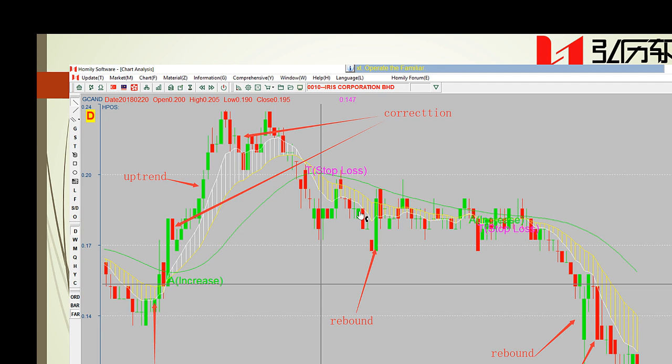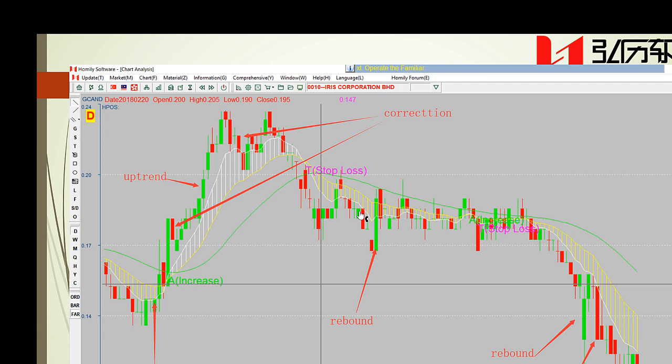After that, we can see when the price drops to the white band, it gets the support, and then the price moves up again. So this is the support. And then next time we can see this is the high point, right? This is the high point, and then when the price continues to rise to here, it is the high price level.